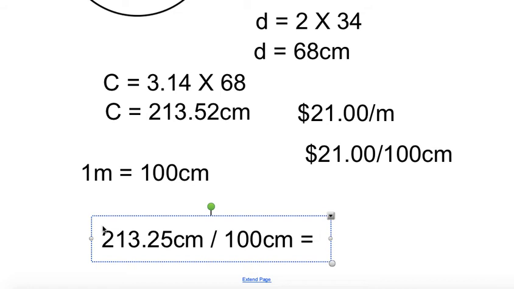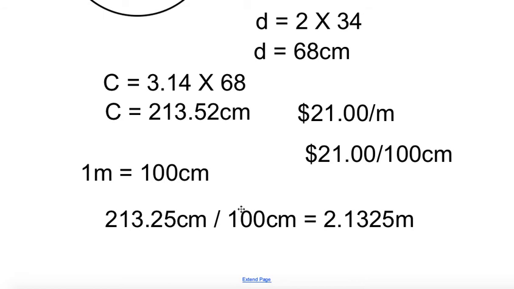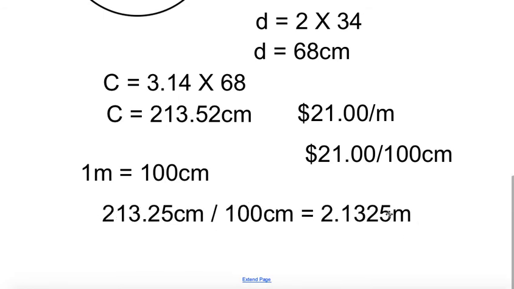And if you need a calculator, you can grab one. This would be 2.1325. That's what my calculator would spit out. That's how many meters around my barrel is. My barrel is 213.52 centimeters, and I convert it by dividing by 100, and I get that many meters.